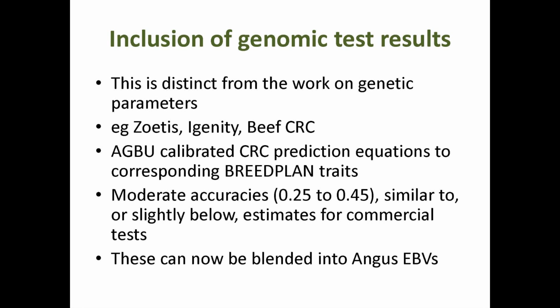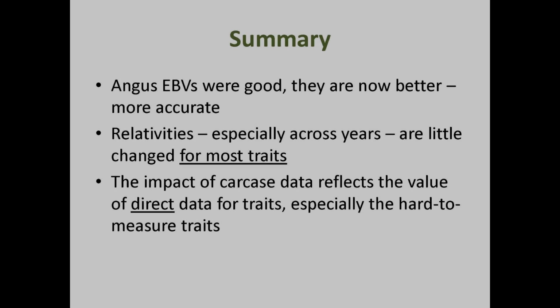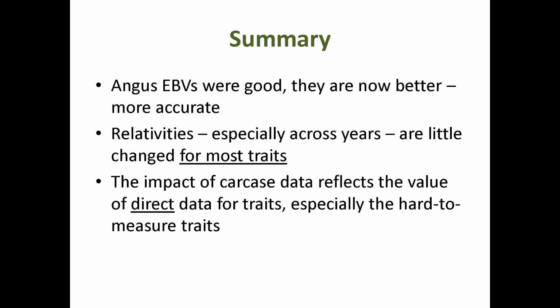And to finish off, I hope what I've said has made sense. There's been a couple of points where I know I've got to follow up and provide some correction or some further information. The general message I want to really reinforce is Gilbert and the team have used a very, very big amount of recent data to make sure that the parameters that are being used to drive Angus breed plan are accurate, and accordingly that EBVs are as accurate as we can possibly make them.